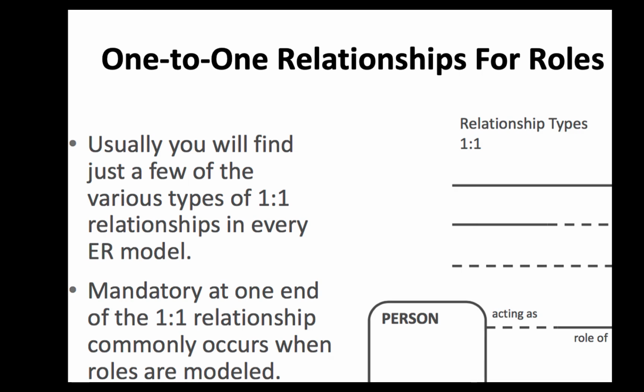So this sort of relationship between country and capital entities is one-to-one. There are some other examples, just like here, each person may act as a teacher or as a student, and obviously this teacher's relationship with person is also one and only one.